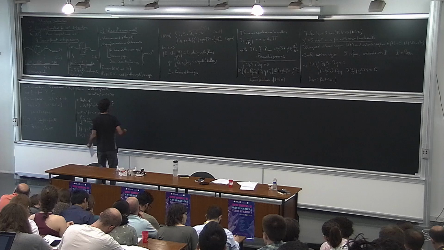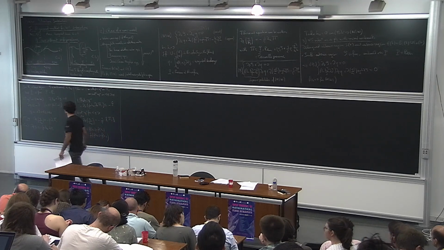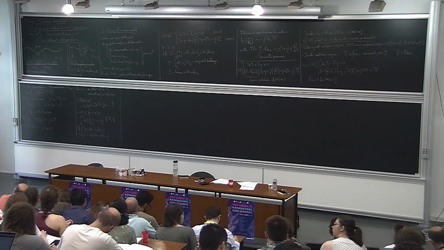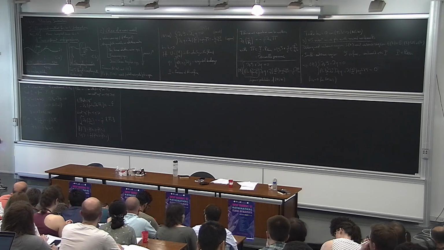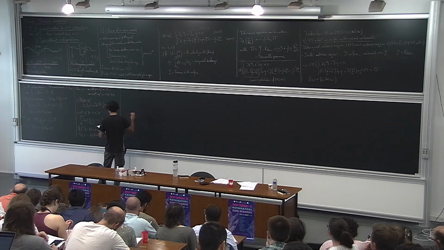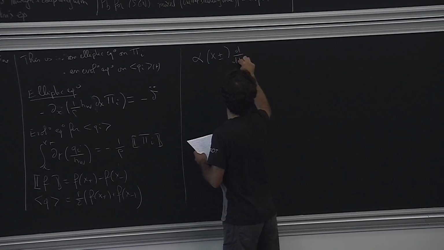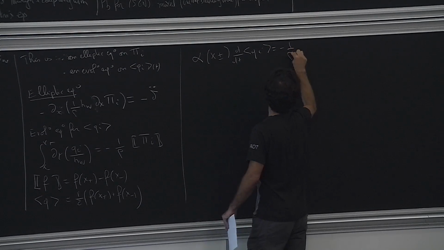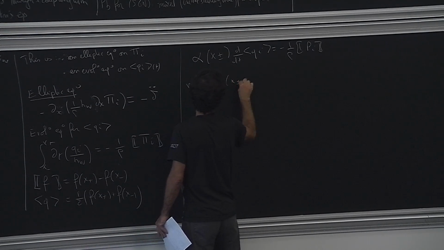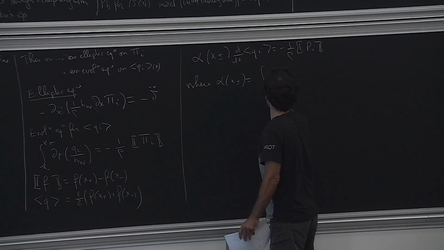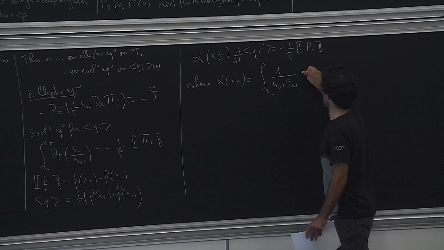So this equation gives me an equation which is alpha x plus minus d over dt of qi equal to minus 1 over rho times the jump of pi, where alpha x plus minus is equal to the integral from x minus to x plus of 1 over h0 plus zeta w dx.